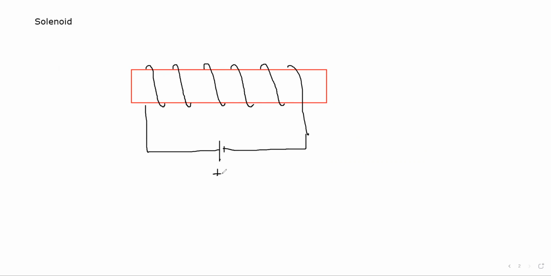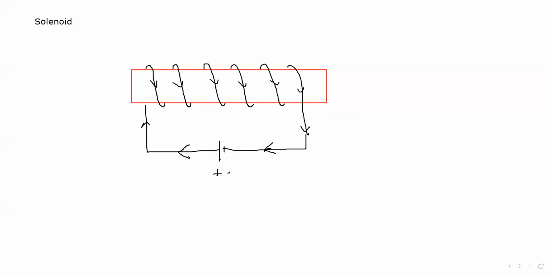So the left hand side is the positive terminal and the right hand side is the negative terminal. What is the direction of the conventional current? The conventional current is from positive to negative. So when the current flows, this is the pattern in which the current will flow. And whenever there is a current, there is a magnetic field. But how do we find the direction of the magnetic field?